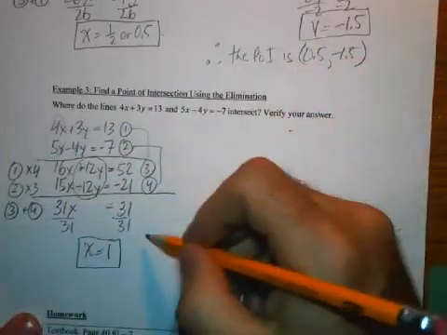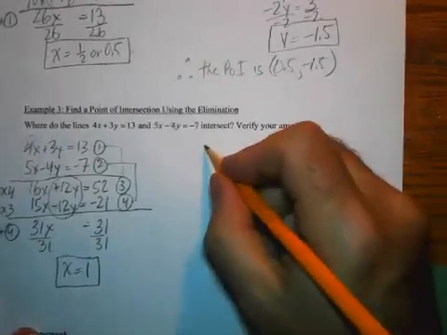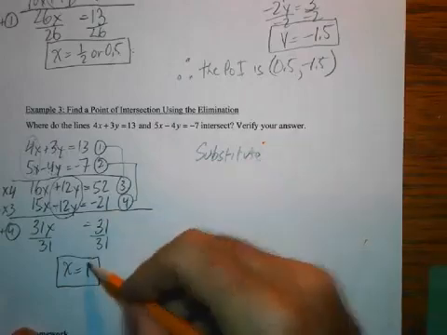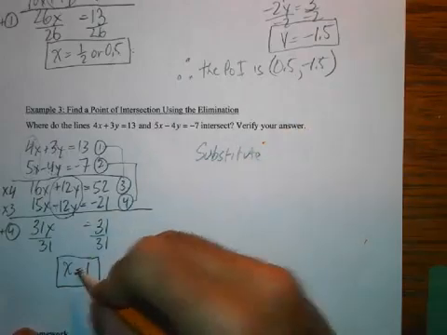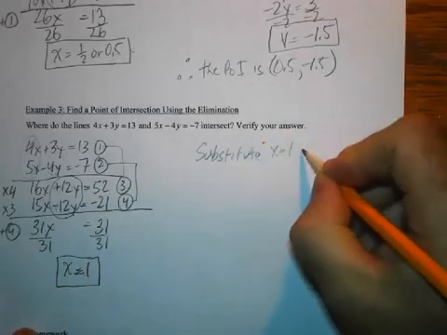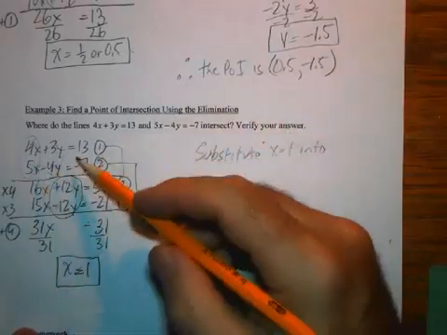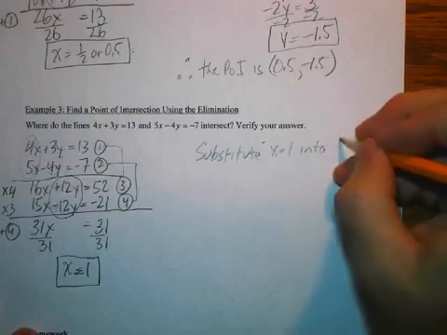Now we just do the regular substitution step like we've done every single example. Substitute x equals 1 into one of the original equations. I'm going to pick equation 1 just because the numbers are smaller.